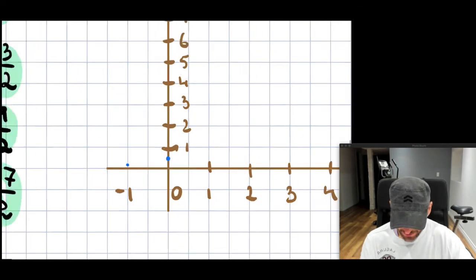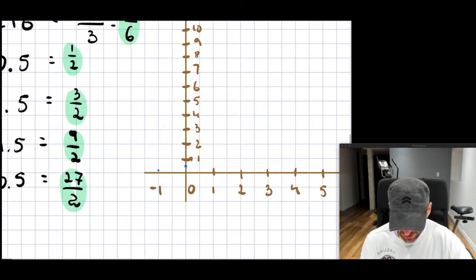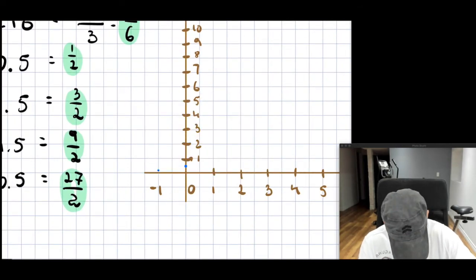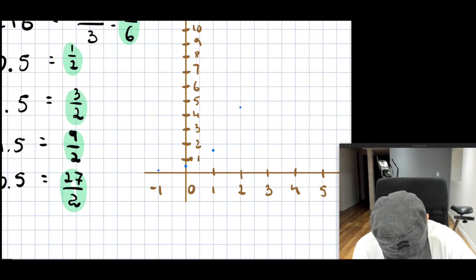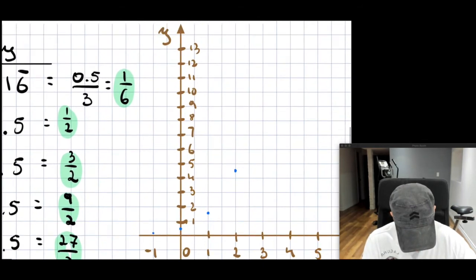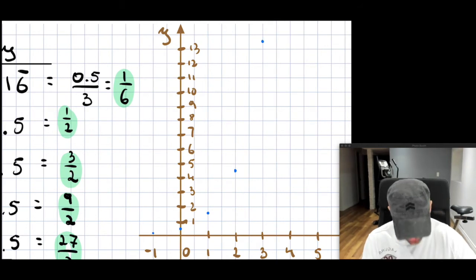At 1, I have 3/2, so this is now slowly starting to grow. At 2, it's 9/2, which is 4.5. So now it's kind of picking up. And then at 3, it's 13.5, so 13.5 would have been right here. Notice how quickly this skyrockets, right?